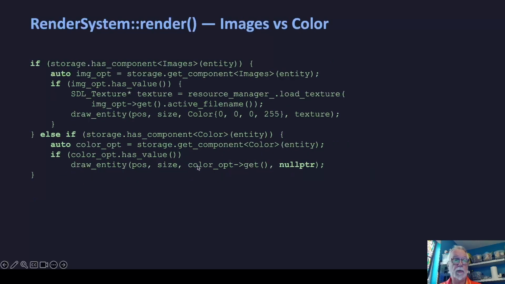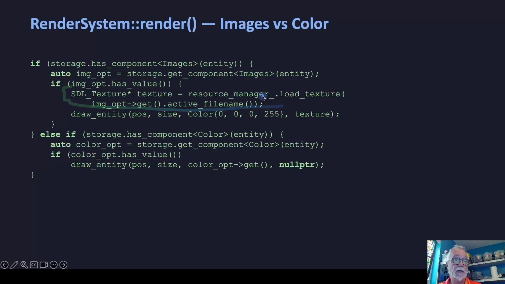And so here we go. This is what's next. If I have images, then I get my image component from my storage, and if that is successful, then I get my texture from the Resource Manager.